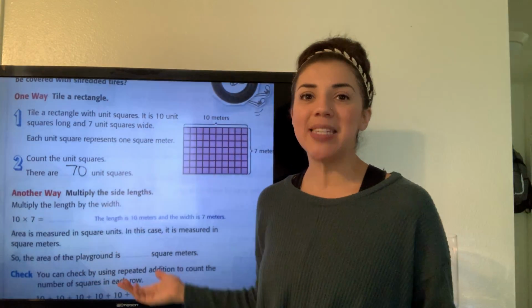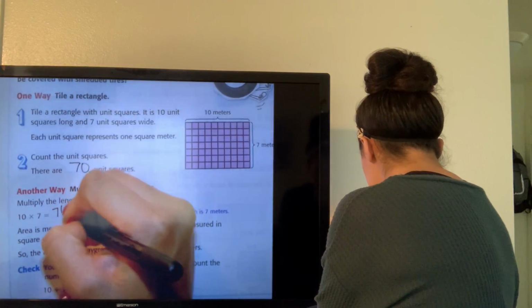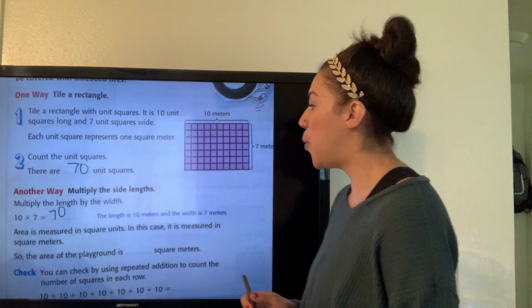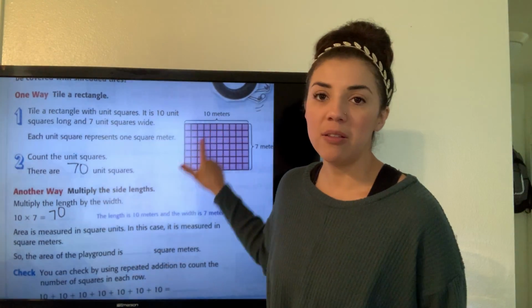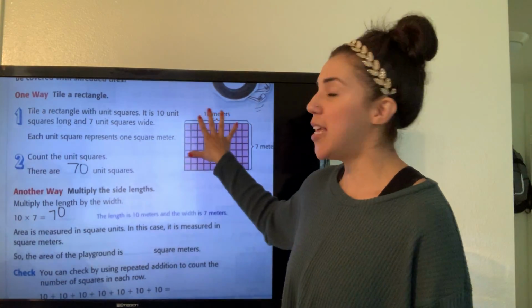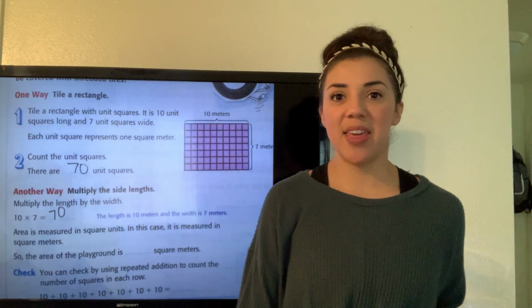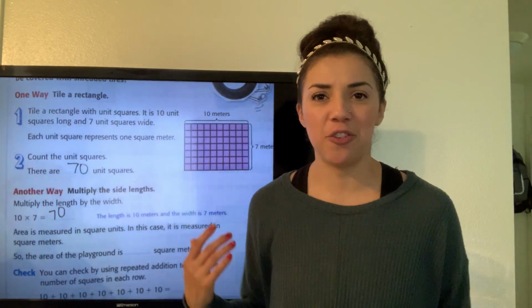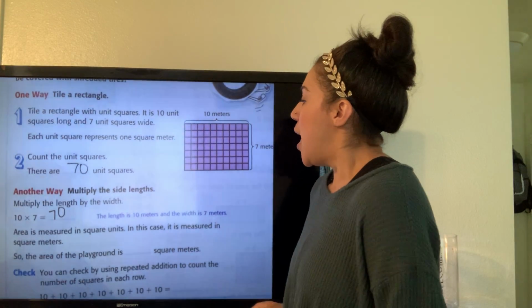So 10 times 7 equals 70, okay? So it's way quicker than having to count, not only draw the boxes, because in this example they drew the boxes for you, but in the independent practice, you'd have to do it on your own. So it's just quicker when you can multiply it.